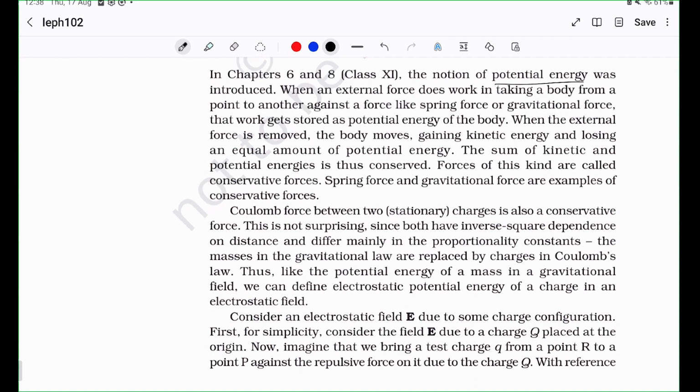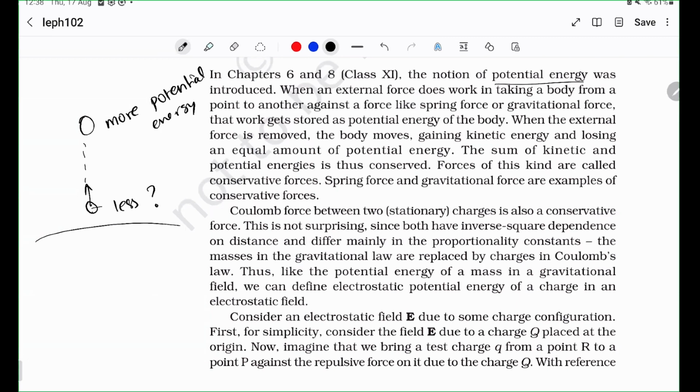So we see in the simplest case, when you have the earth and a ball, if the ball goes up, it gains more potential energy. And this ball here at a lower level has less potential energy. Why?